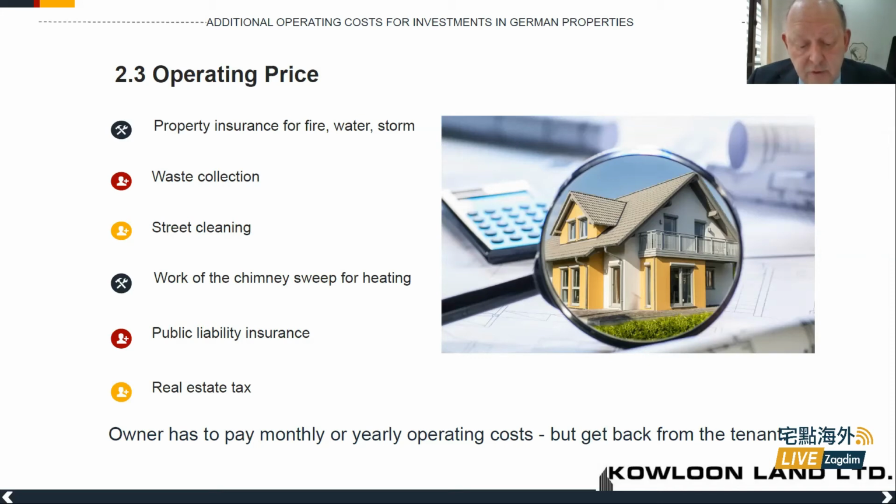Next one that is interesting is the public liability insurance. It could be very interesting for investment in areas where you have to expect snowfall in the winter, because as owner you have the duty to protect the people going outside on the street, so that they will not suffer any damage from snowfall.